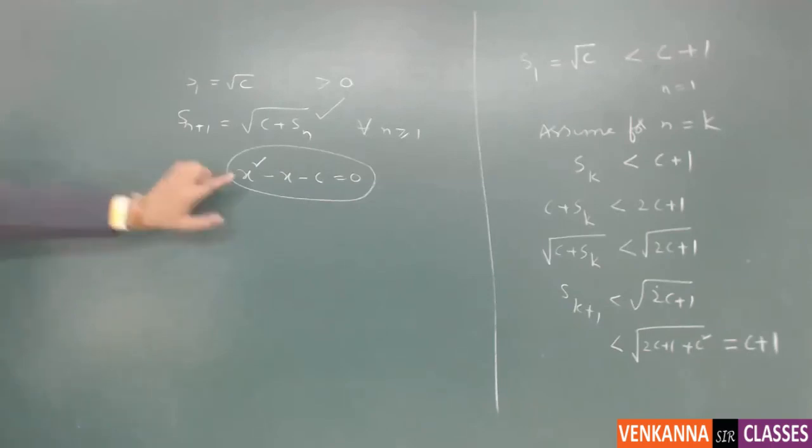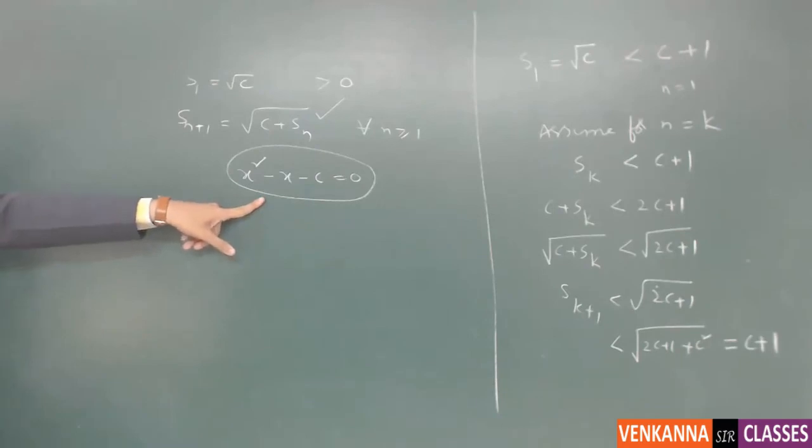Since it is a quadratic equation, it will have two roots. And obviously, on observing this, you can say that one root is positive, one root is negative. If you observe the pattern of the sequence, each and every term of the sequence is positive. So if you calculate the limit, it is also positive by default.